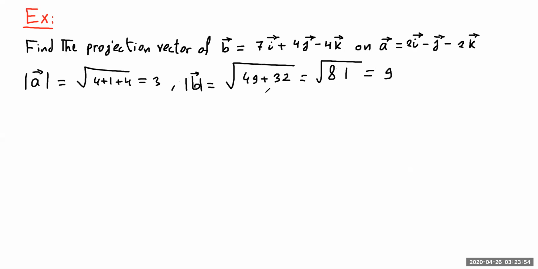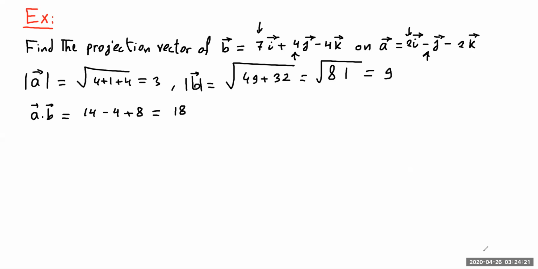So it's 9. What is the inner product of A and B? It's 7 by 2, 14. And 4 by minus 1, minus 4. Then minus 4 times minus 2, plus 8. So the final answer is 18.